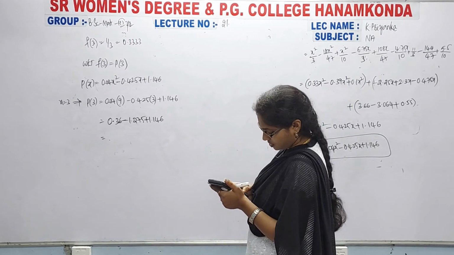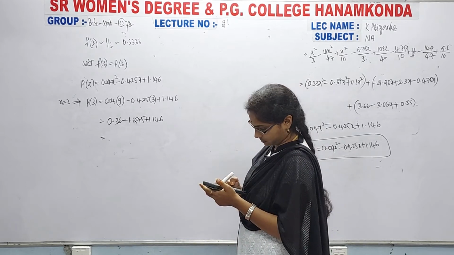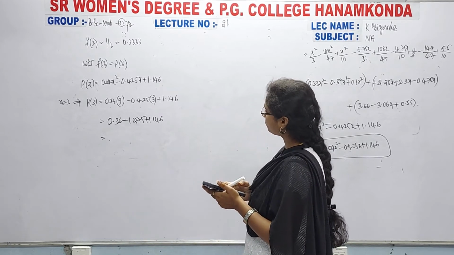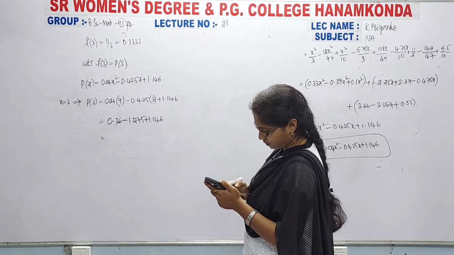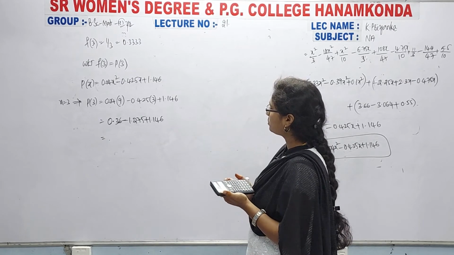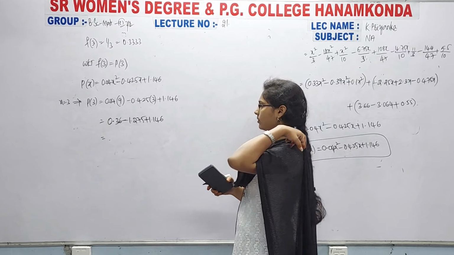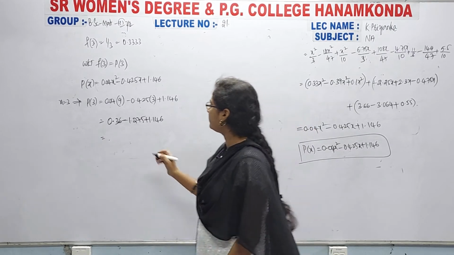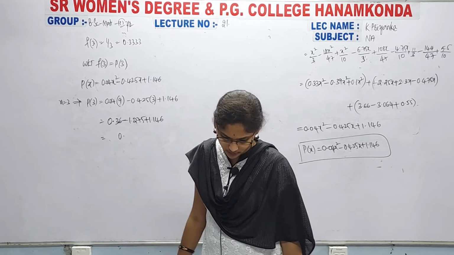0.36 minus 1.275 plus 1.146. So again we will definitely get approximately 0.3 only.